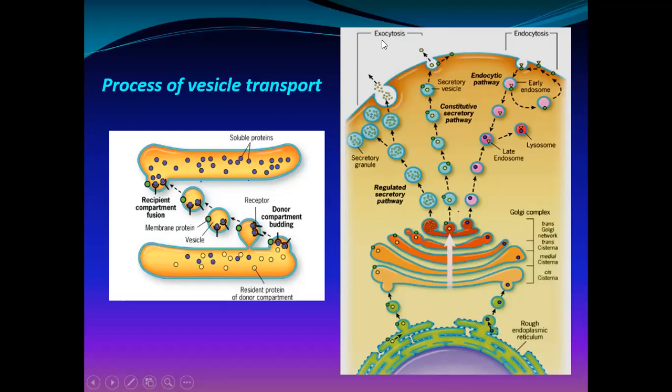Or else used for some other function. This is what you call the constitutive secretory pathway. This is what you call the regulatory secretory pathway. A lot of molecules are synthesized, packed and sent to another target area. But here the membrane protein or a protein needed for an essential function is synthesized. That is what we call the constitutive secretory pathway.